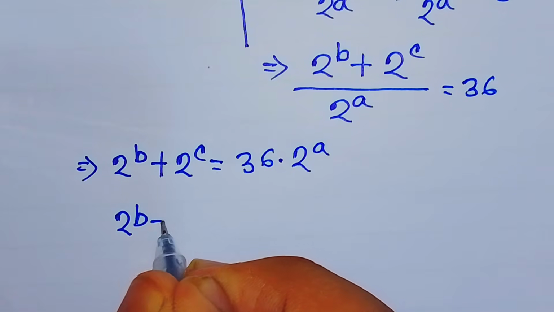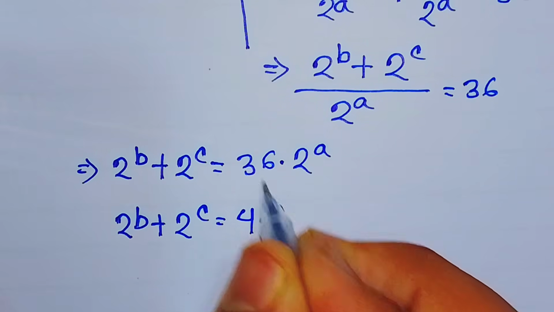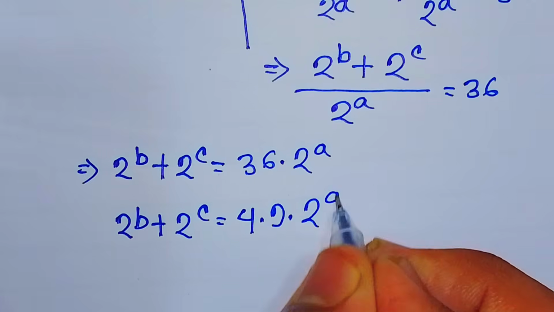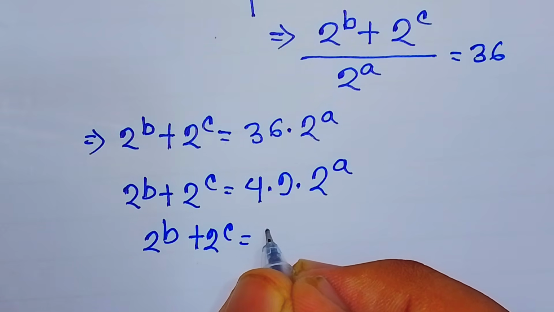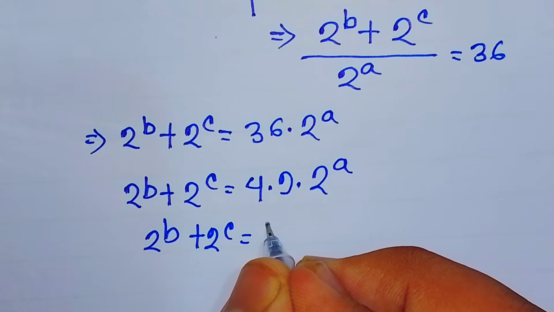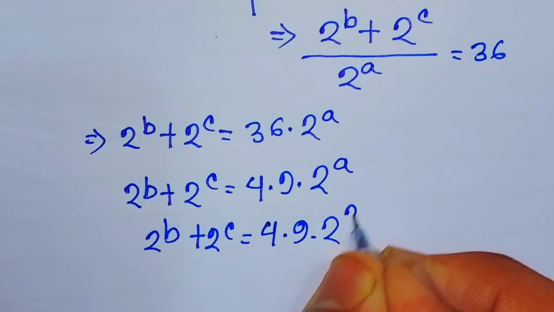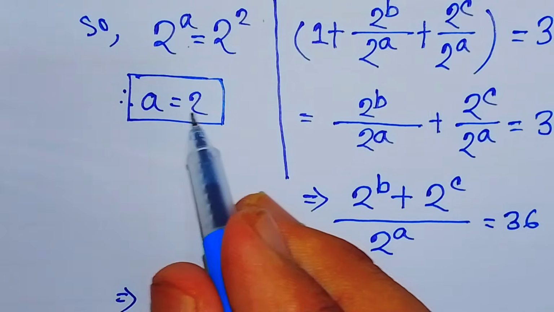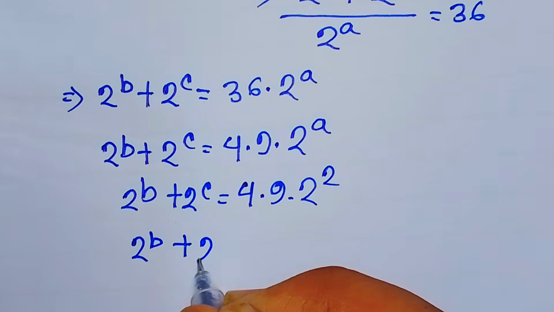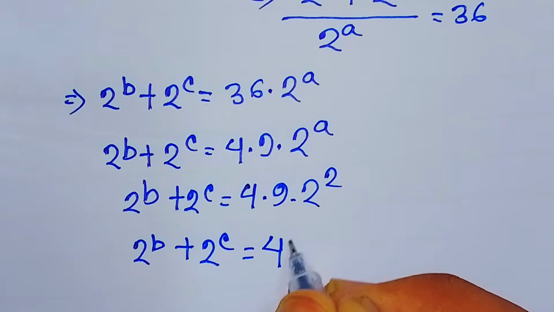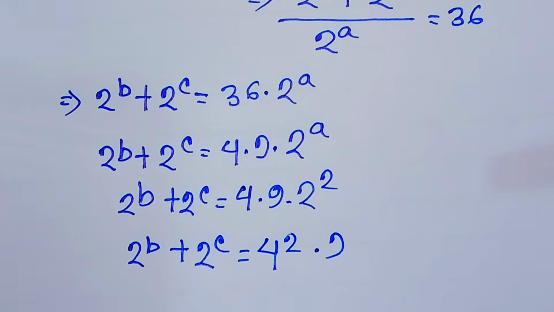After that, we can write 2 to the power b plus 2 to the power c equals 4 times 9 times 2 to the power a. Here we can replace the value of a equal to 2. After that the equation will look like 2 to the power b plus 2 to the power c equals 4 times 4, which is 4 square, times 9.